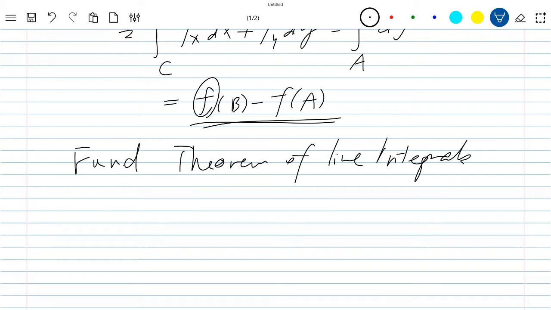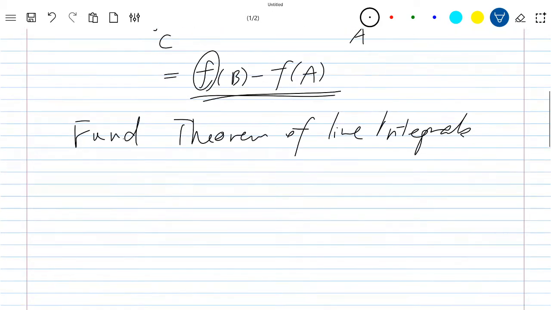Okay, and how can this help? Well, first of all, it can give us a pretty simple result of an integral. Suppose you have some function that is known to be a potential field. For example, let's say this f equals r.